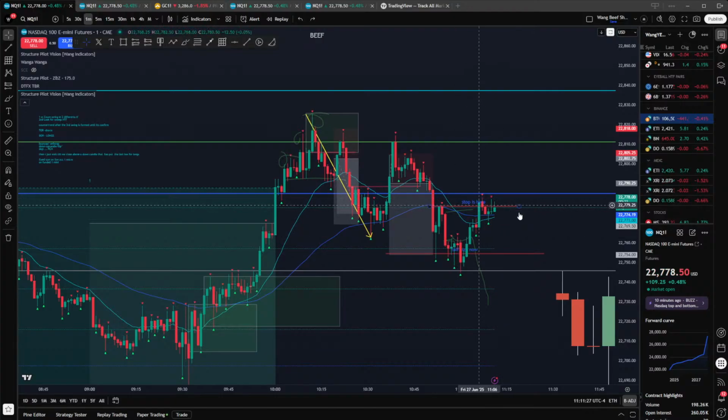So we're sweeping that high, which is a weak one, and it doesn't mean that now we're bullish. It just means that price will now decide whether it wants to go up or still run into those lows, right?